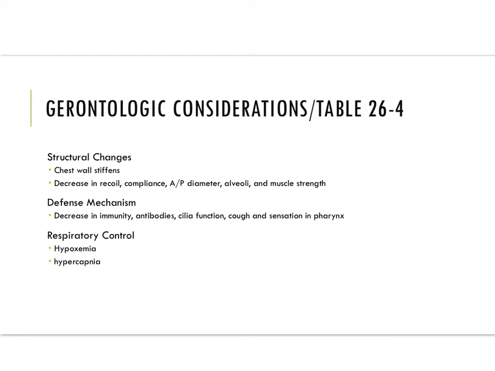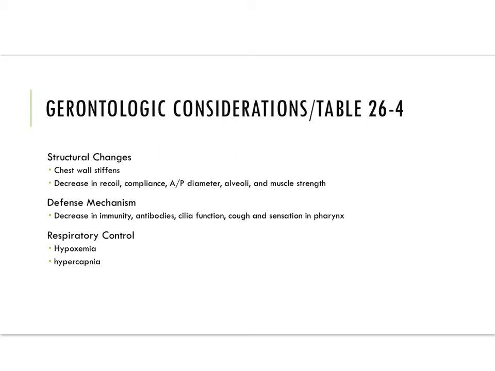We get to defense mechanisms, then overall elderly have a decrease in their immune system and antibiotic production, decrease in the cilia function, and they have a weakened cough reflex and decreased sensation in their pharynx. This leads to increased risk for respiratory infections and also aspiration, which could potentially lead to aspiration pneumonia.